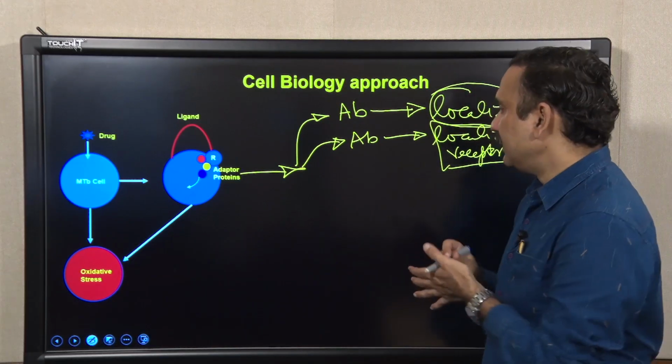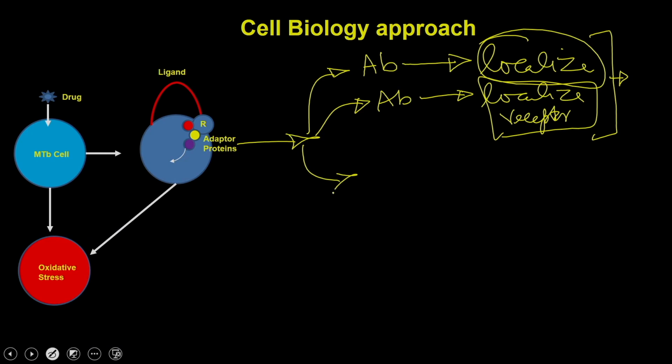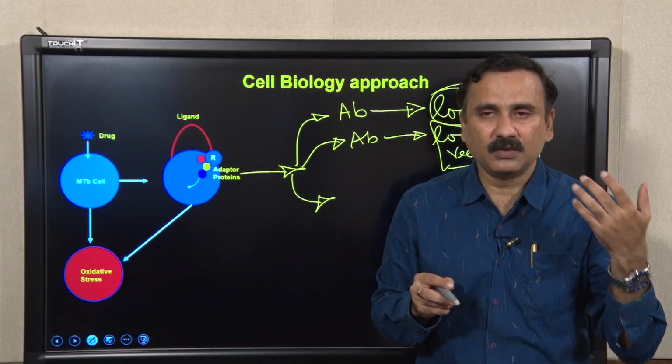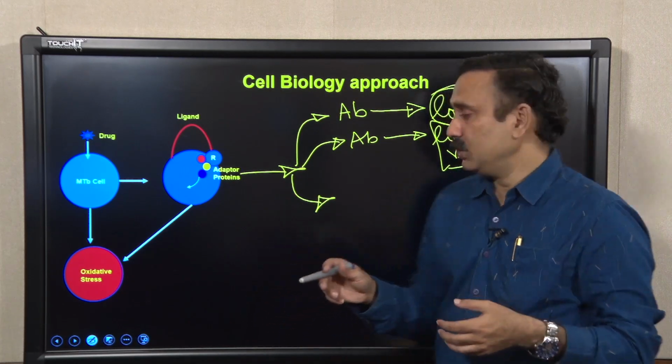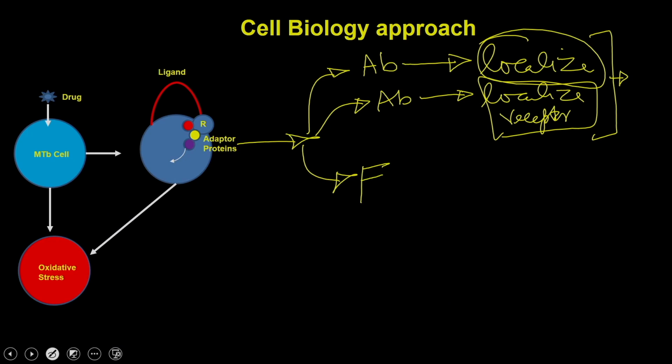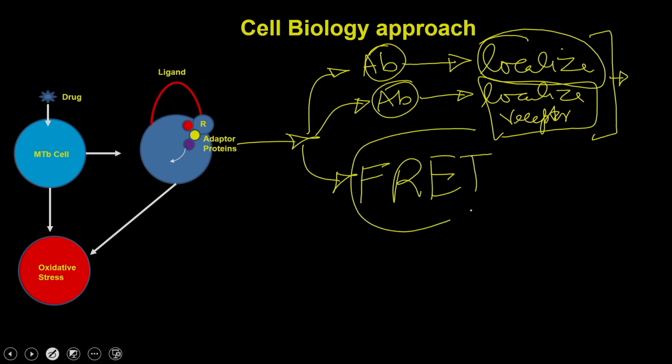That is one thing. The second is, once you have the adapter proteins and the receptors, you can also plan an experiment. Suppose you have the antibodies for the adapter protein as well as for the receptor, then you can design an experiment called fluorescence resonance energy transfer.